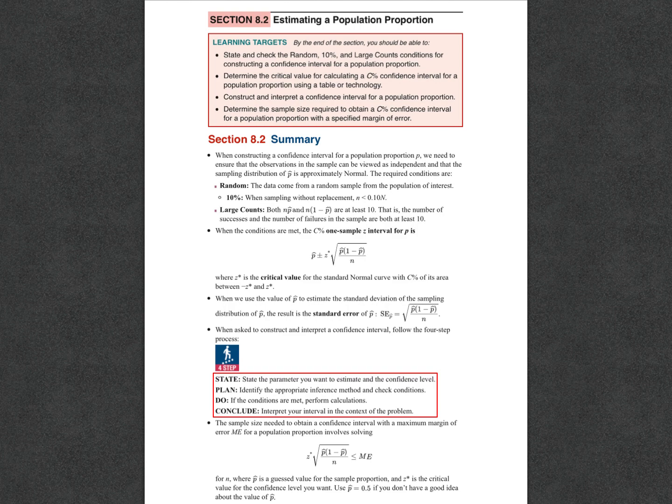Okay, and then for us, for now, for 8.2, when the conditions are met, the procedure that we'll do to find our confidence interval will be a one sample z interval for p. One sample, because we're only finding a confidence interval for a single sample.